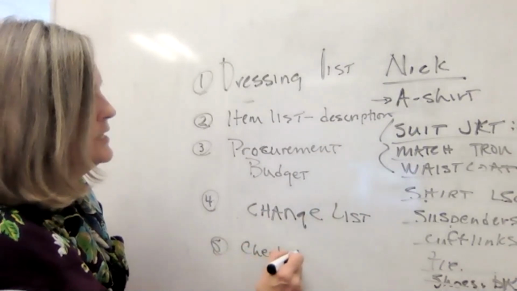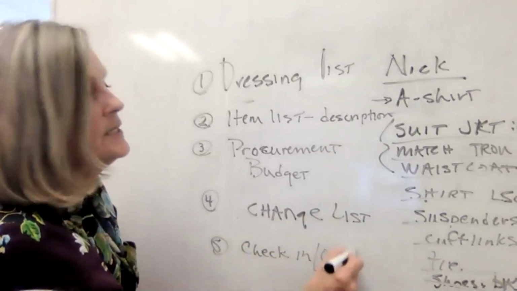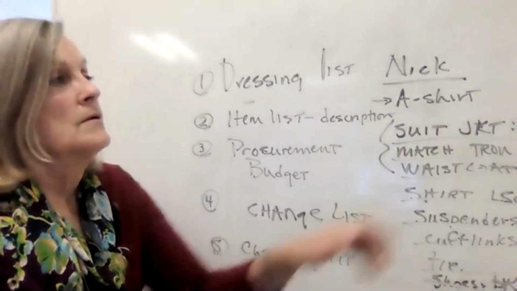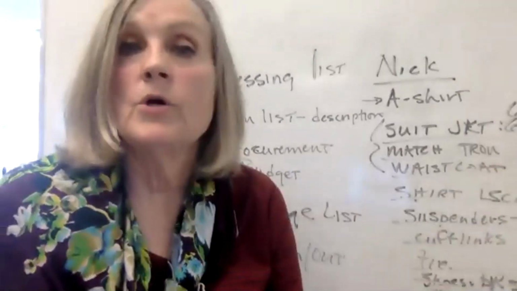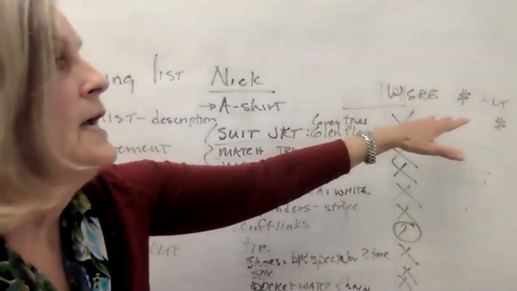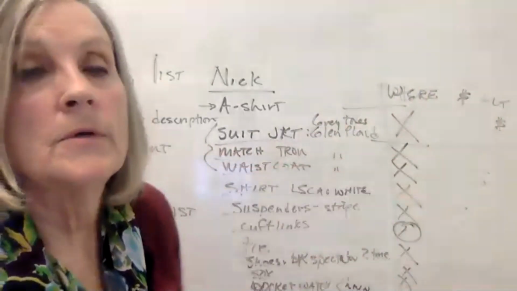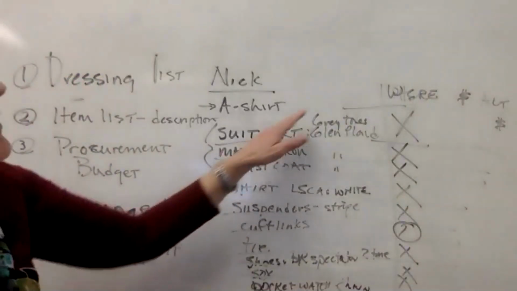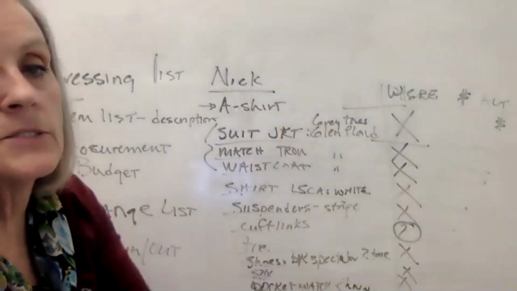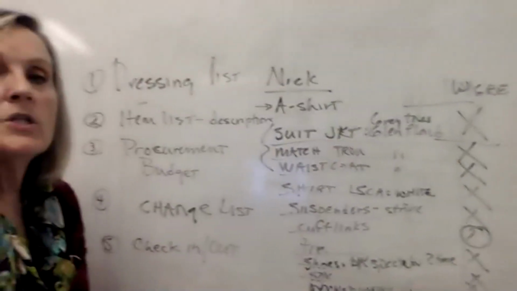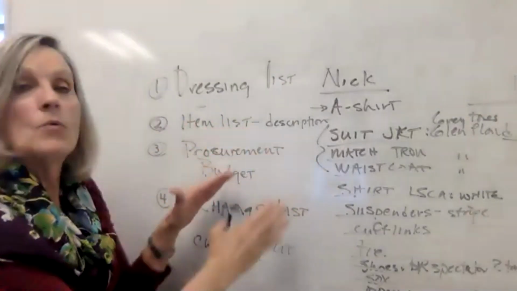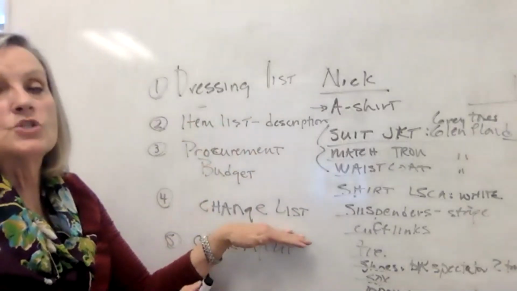So before you do check-in, check-out, the actors get a change list that will say, okay, act, and we don't have this in our thing, but page 24, remove fedora, add newsboy cap. That would be a change, so that they would know, oh, here it is. I'm taking this hat off. I'm putting this hat on in this time frame, so that there's a chronological representation of what the actor is going to go through with his costume visually in this change list.